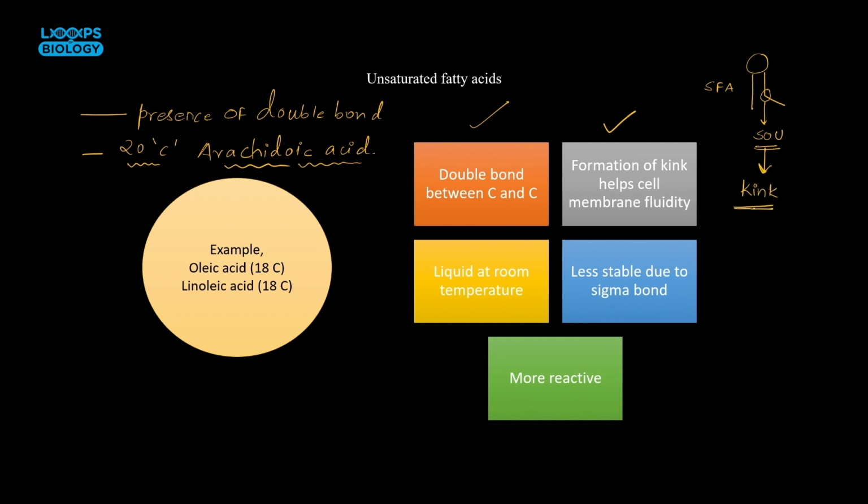So whenever I am going to use unsaturated fatty acid, there is going to be a formation of a kink inside the structure of your phospholipids. So this is present in every or most of the phospholipid components.